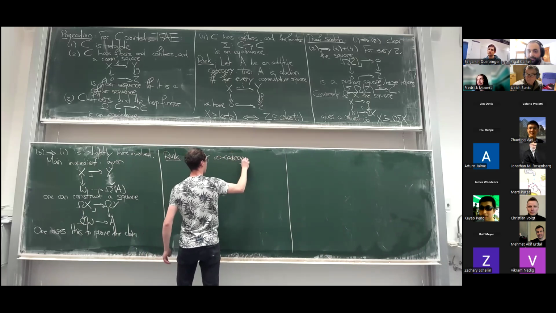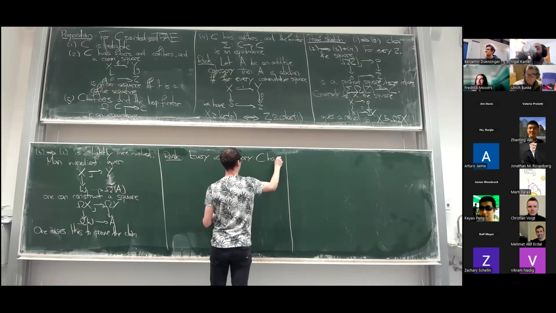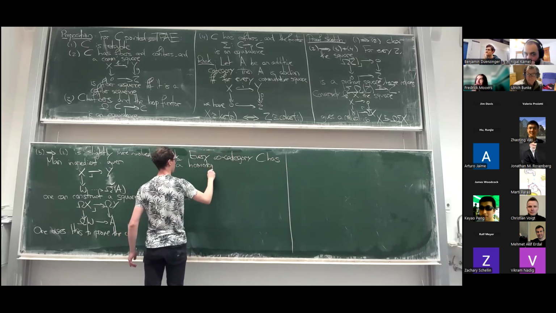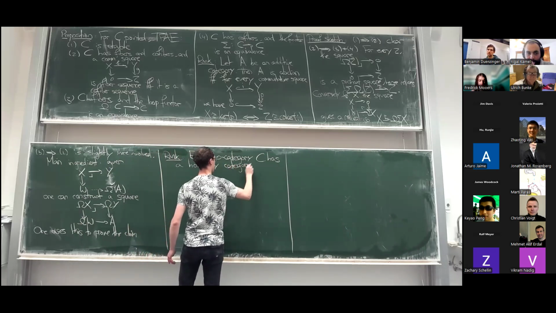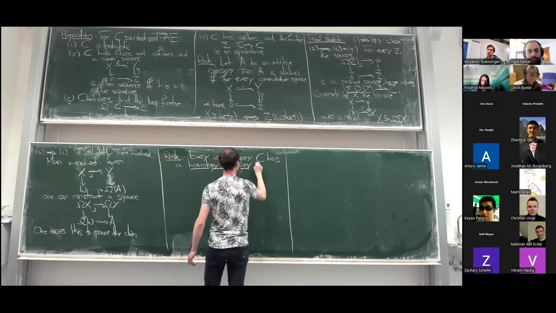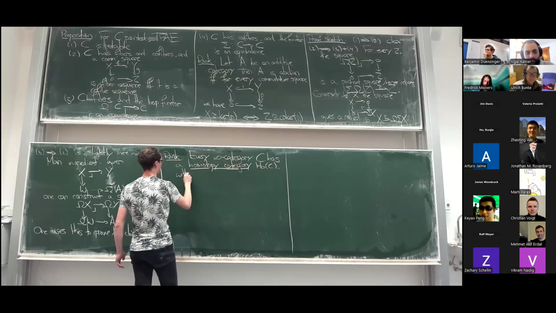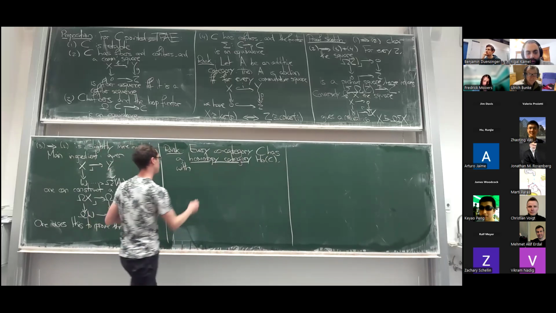First, we should say something about the homotopy category. Every infinity category C has a homotopy category which has the same objects.